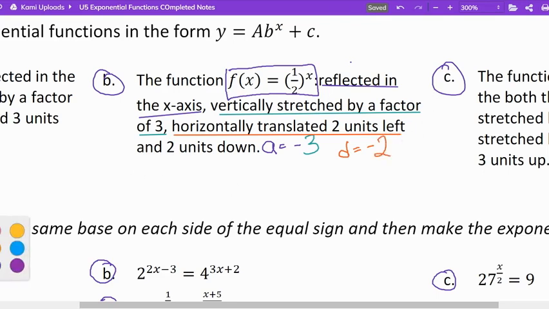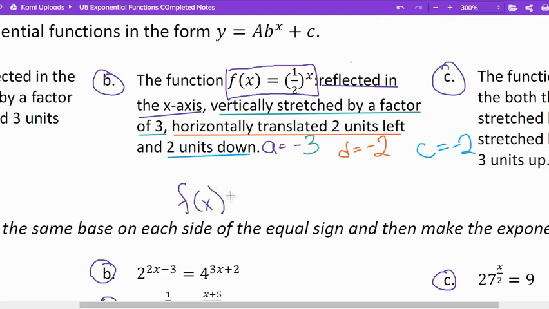And then 2 units down, so that means my C is -2. Once you put it in the equation, the D is -2. When we put it into the equation, it will become a +2. So this is what we do.